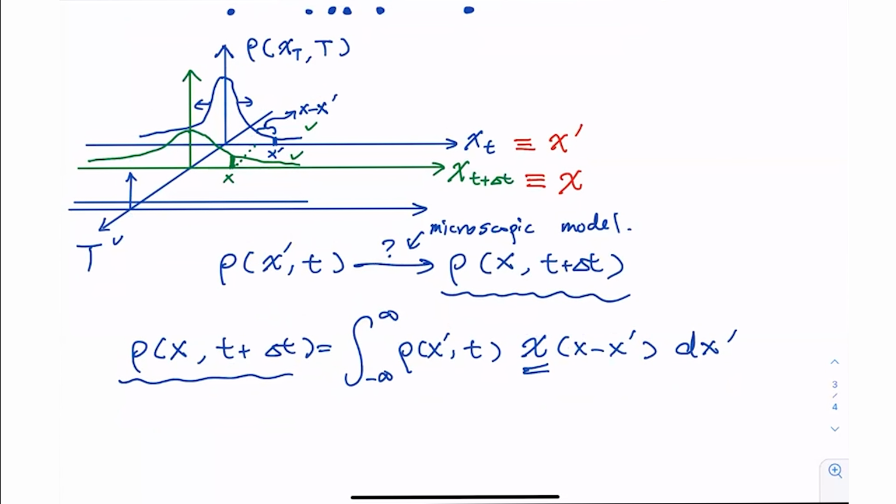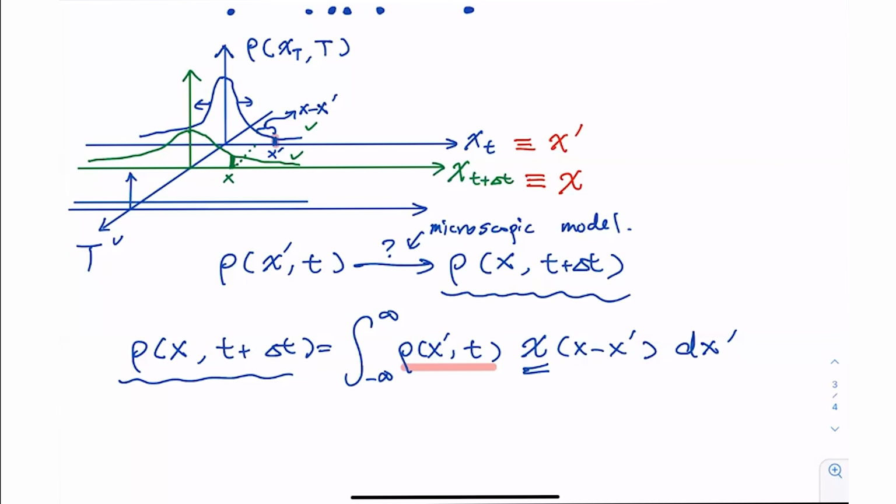So if you look at this expression, this term is saying that we want to know the height. Let me use different colors to express what this is. This term is the density of your density profile at the coordinate x prime at time t. So basically, it is the value of the height of this function rho of x prime, t.